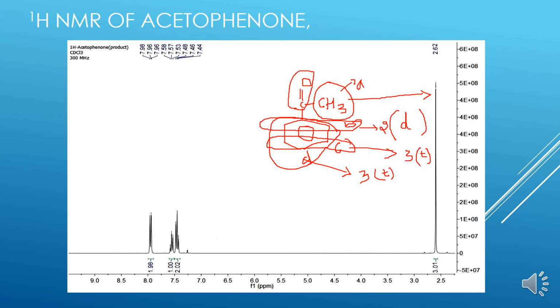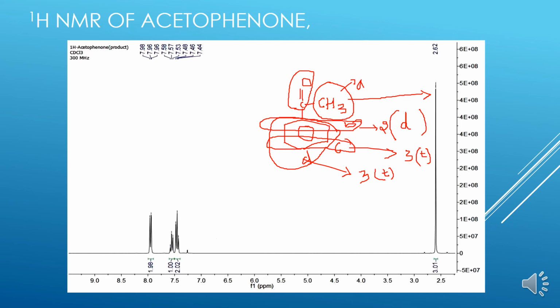Oxygen is more electronegative than carbon, therefore electron densities are pulled towards oxygen. Because of this electronegative atom, and also the electrons on the aromatic ring, double bonded atoms and triple bonded atoms de-shield the attached hydrogens.